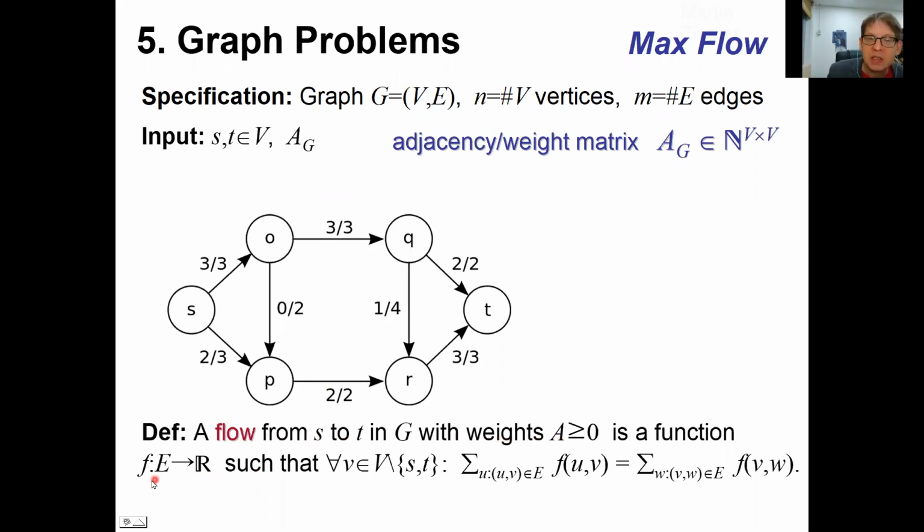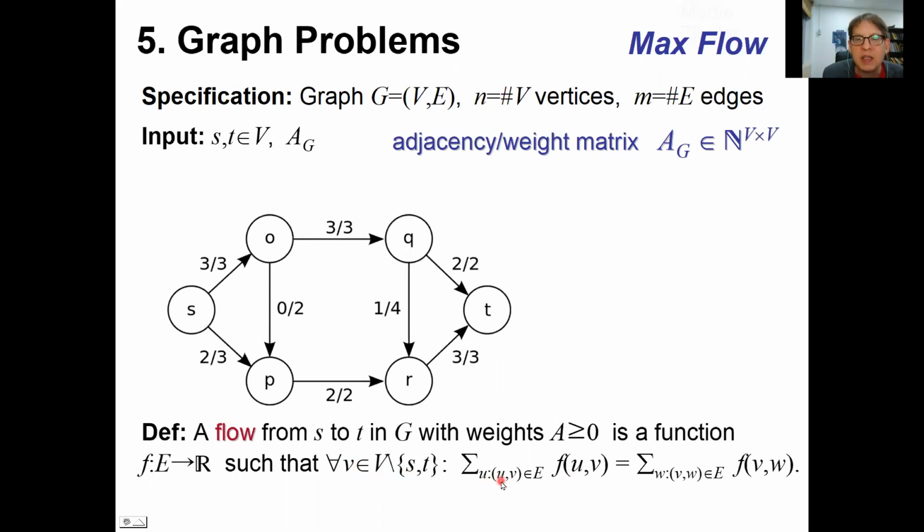A flow is a mapping that maps to each edge the amount of commodity that goes through that edge, and that satisfies this transition property: for all vertices that are internal, that is, neither source nor target vertex, the total flow entering the vertex, that's what you see here, right?